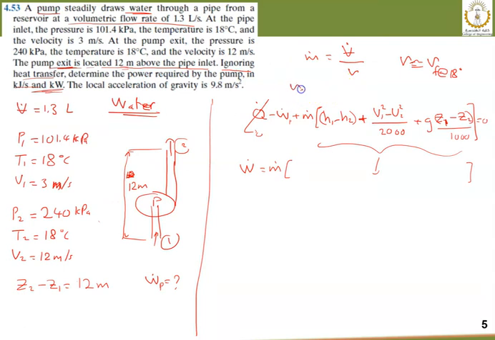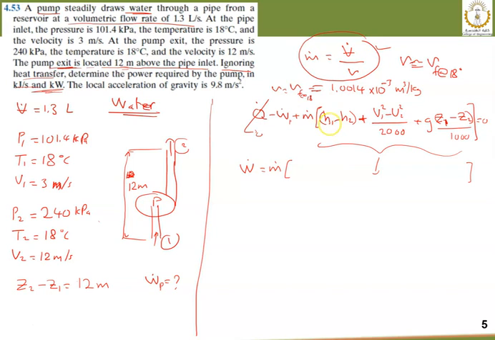So v equals vf at 18, and this is 1.0014 times 10 to the power minus 3 cubic meter per kilogram. Therefore we can get m dot using this v.